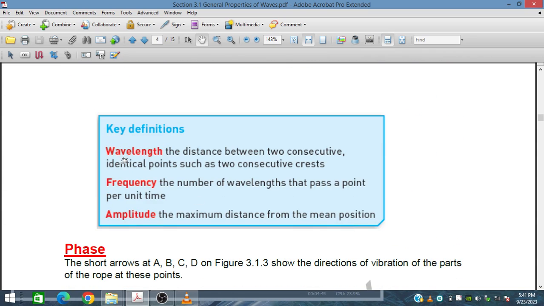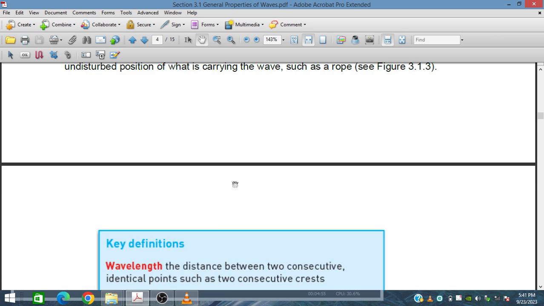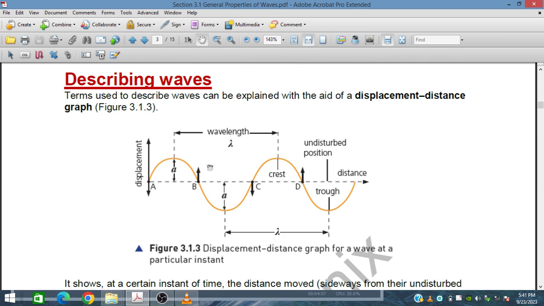Now let's summarize. Wavelength is the distance between two consecutive identical points. The identical points could be crests, troughs, points A and C, points B and D, or midpoints from here to here.